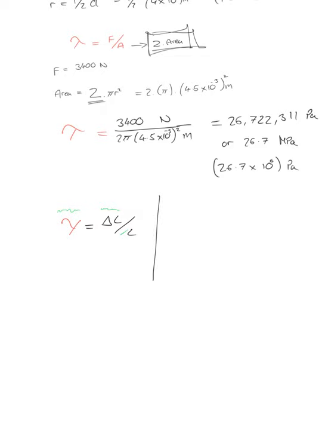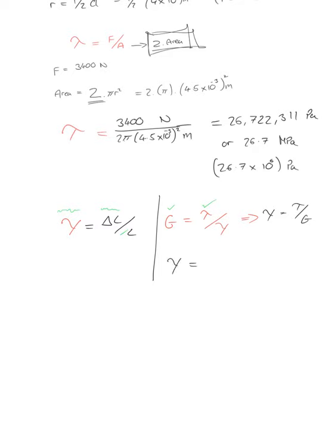Other equations that use it: your modulus of rigidity, G, is equal to shear stress over strain. I know my modulus of rigidity. I know my shear stress. I can rearrange this formula and solve for strain. So strain is going to equal stress over modulus of rigidity.